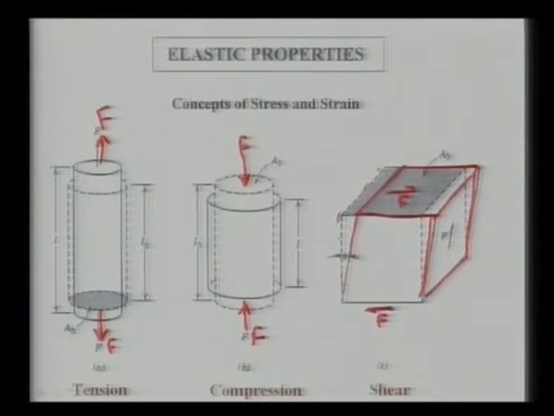What you can see is a kind of angular distortion of some faces by the angle theta, and this is a typical description of the shear strain. Here again the surface area of the top face and bottom face remains the same. So from this slide it is clear that there are essentially three primary types of stresses.